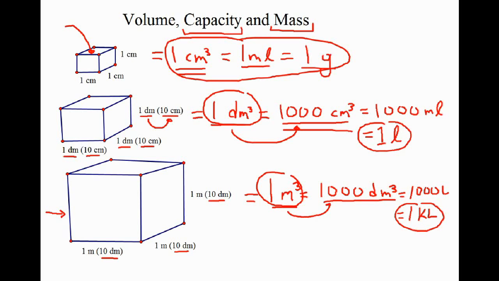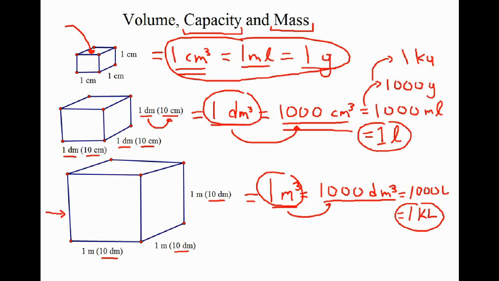Just like linear units and units of capacity, units of mass work very much the same way in the metric system. If I have 1,000 milliliters, I have 1,000 grams of water. Well, 1,000 grams is the same as 1 kilogram.